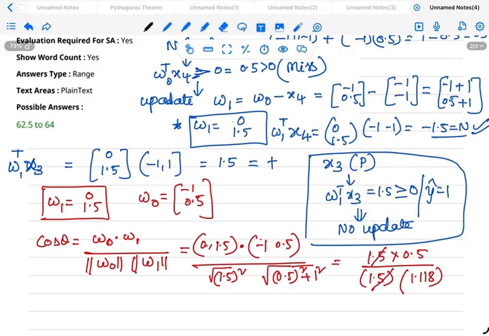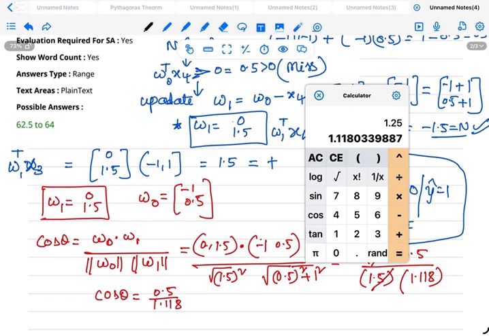So cos theta equals 0.5 divided by 1.118, which equals 0.44. So theta equals cos inverse of 0.44.